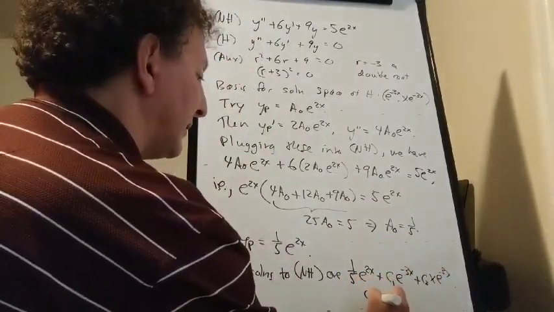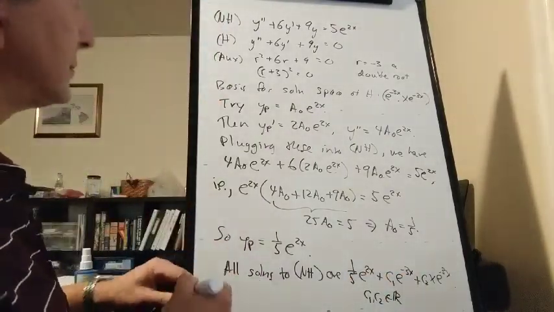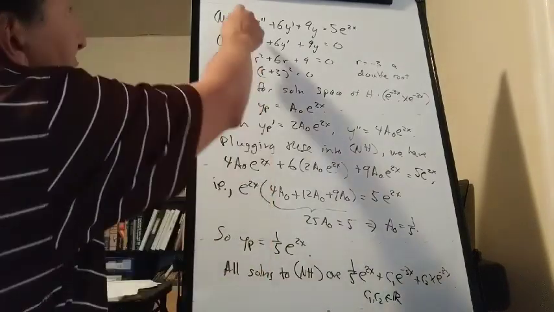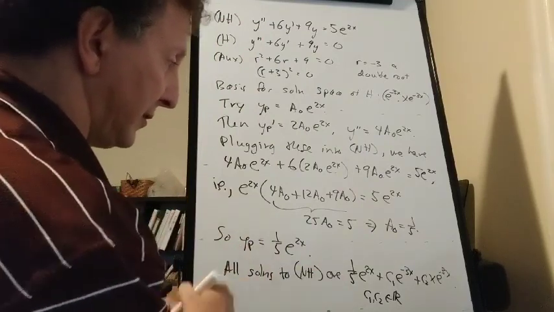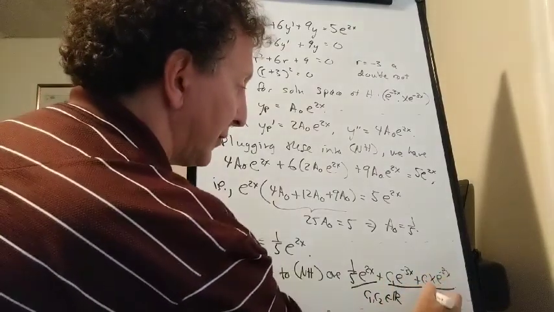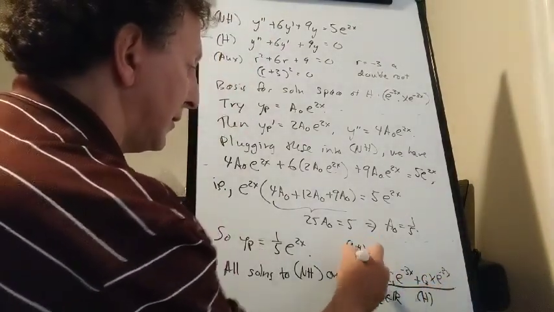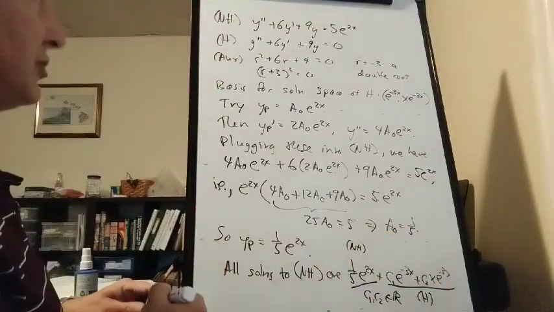So C1 and C2 are real numbers. So again, our solution to the non-homogeneous differential equation is one particular solution plus all possible solutions to the homogeneous equation. One solution to non-homogeneous plus all possible solutions to the homogeneous equation.